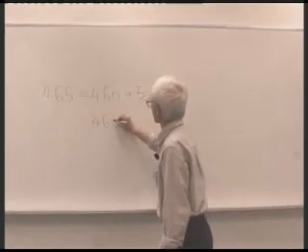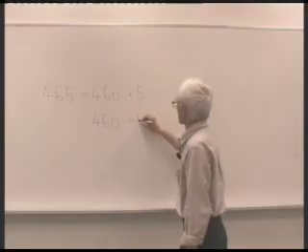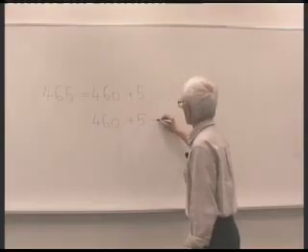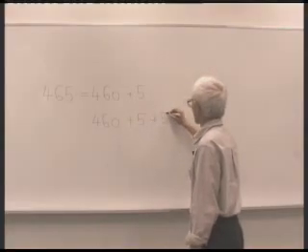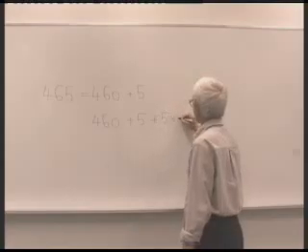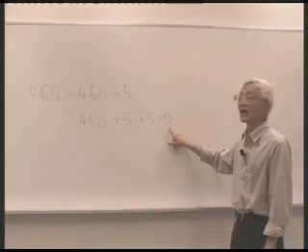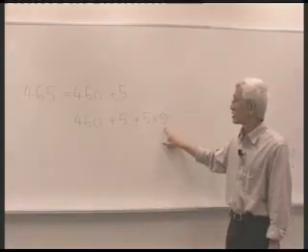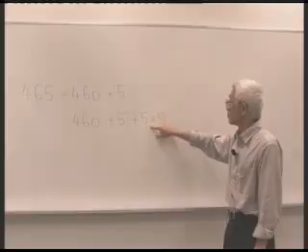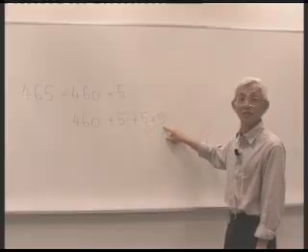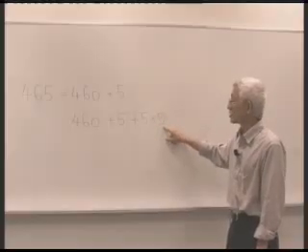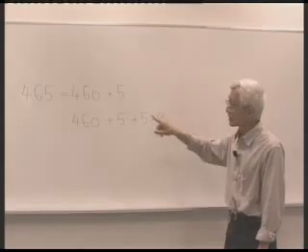460 plus 5 times 1, plus another 5 times 9. Why 9? Because 9 is divisible by 3.